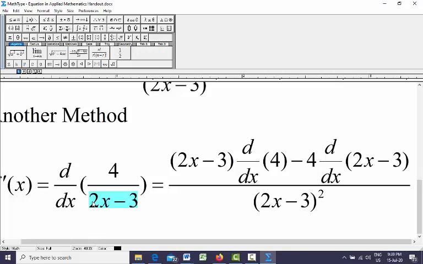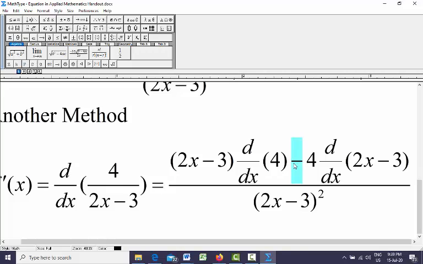Then whatever you have in the denominator, you write the same in the numerator, and then you write d by dx, and in front of d by dx you write whatever you have in the numerator.